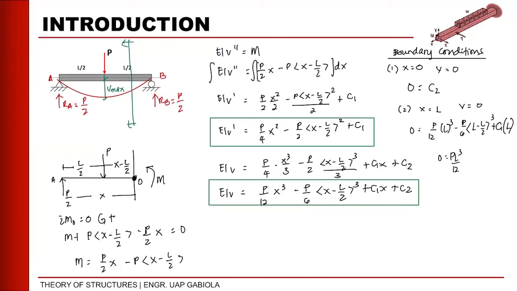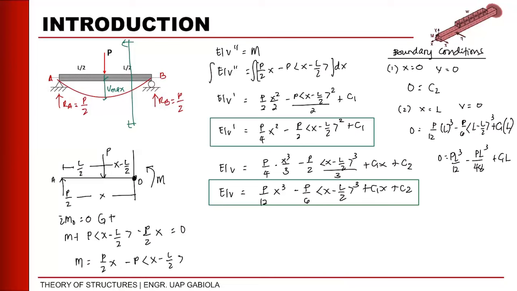And then ito will be L minus L over 2 is L over 2. So magiging PL cube over 2 cubed is 8 times 6. So ilan yun? So 2 cubed is 8 times 6, that is 48. Okay? Pero this is minus pa din, over 48, plus C1L.